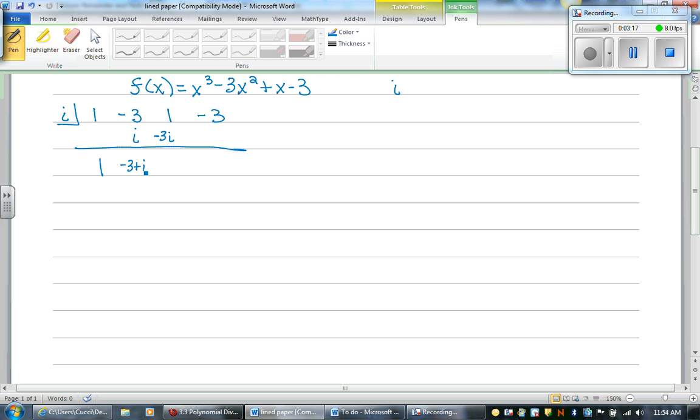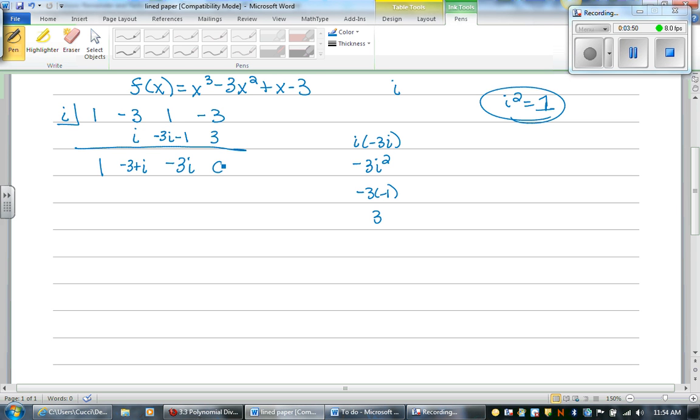And then i times i is i squared, which we know is negative 1. So we get negative 3i minus 1. When we add those together, we get negative 3i. i times negative 3i gives negative 3i squared, and again, we know i squared is negative 1, and we get 3. And then when we add that, we get a 0.